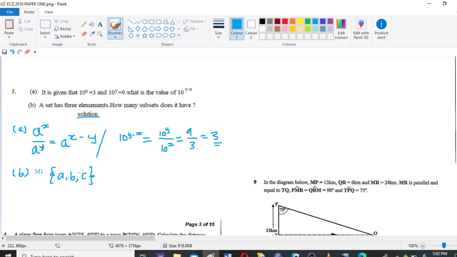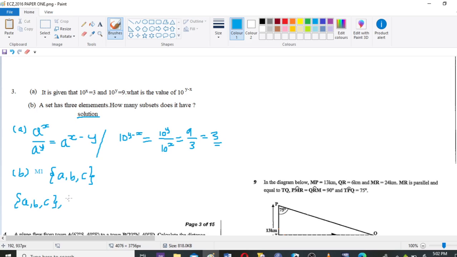They are supposed to be 3. The subsets we can have from this one: first, we can have the same set which we have here, that is A, B and C.